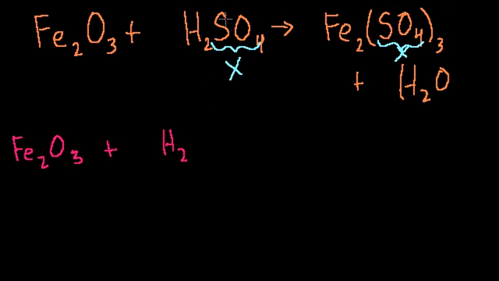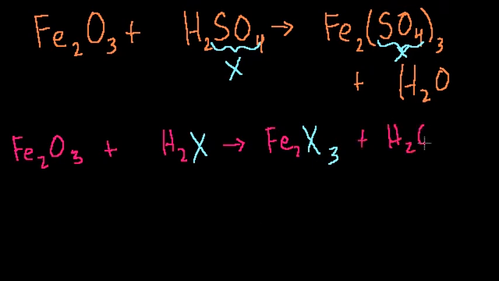There's only one sulfate group here, so H2 X, that yields iron, this molecule with 2 irons, and it has 3 of these sulfate groups, plus water. All I did is replace the sulfate with an X, and now we can treat that X like an atom, and we can just balance the equation.